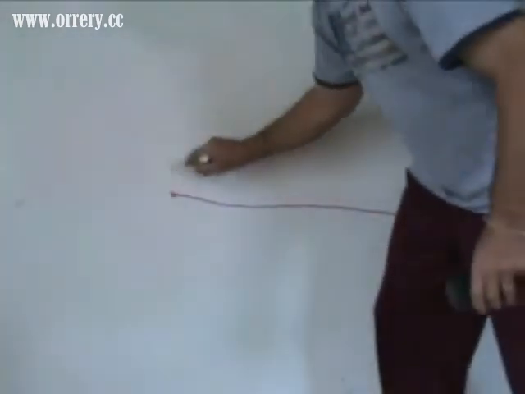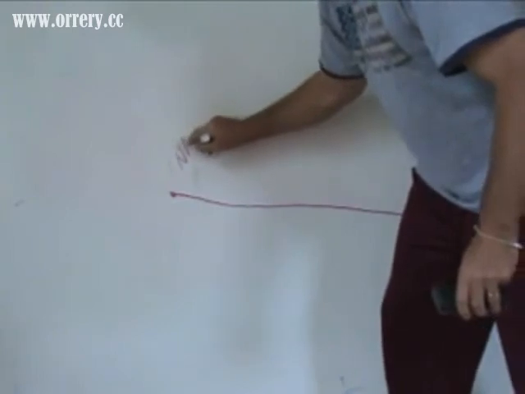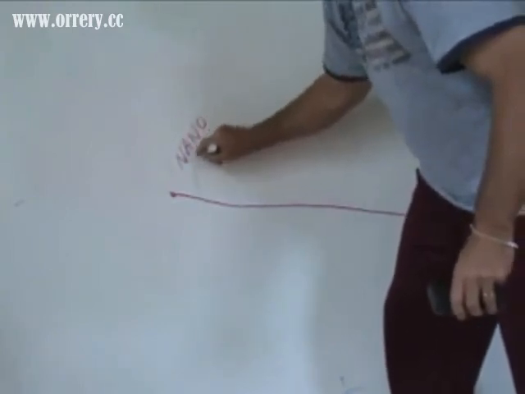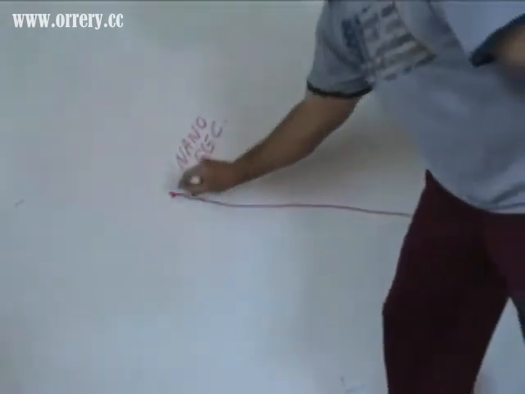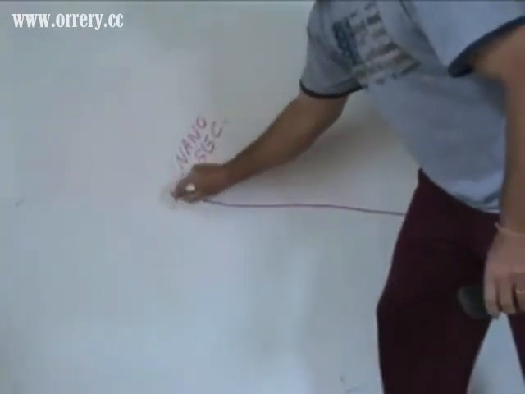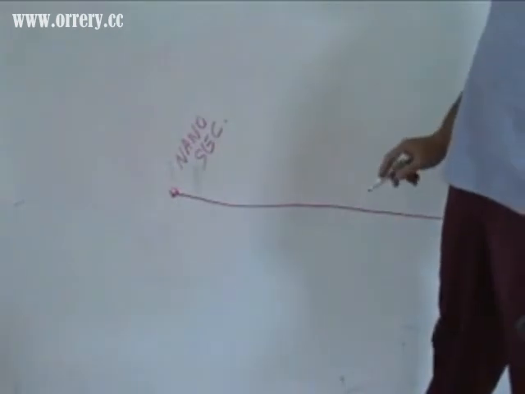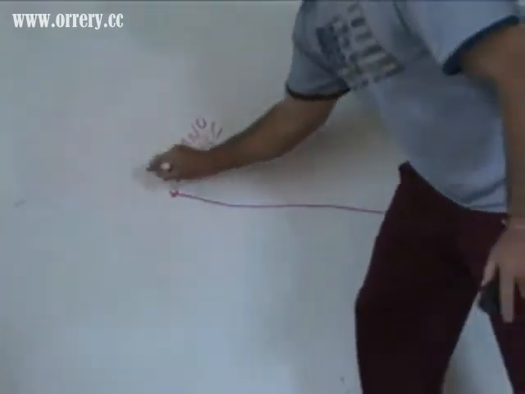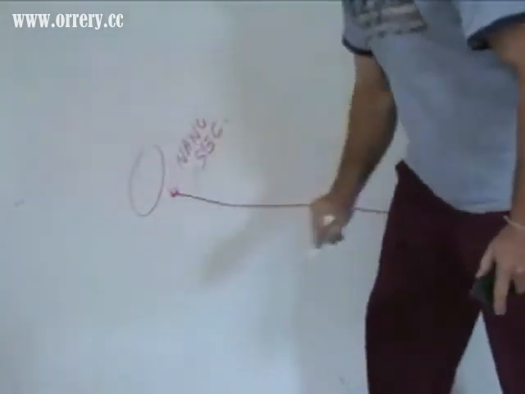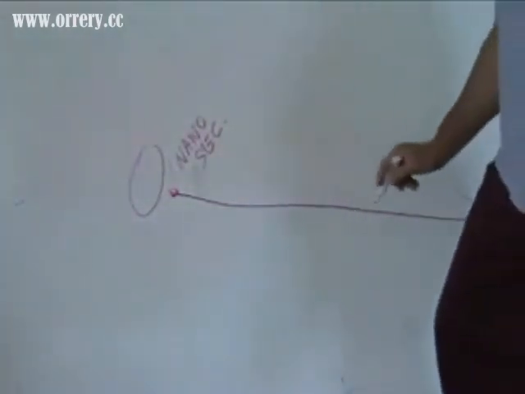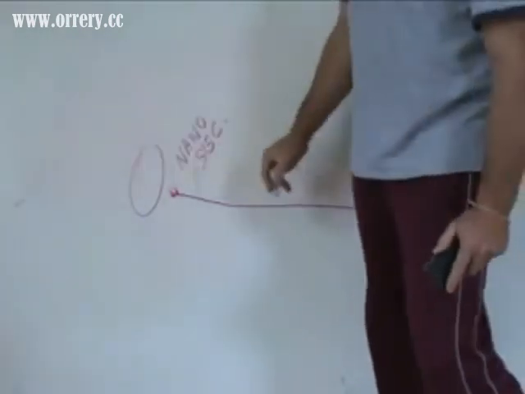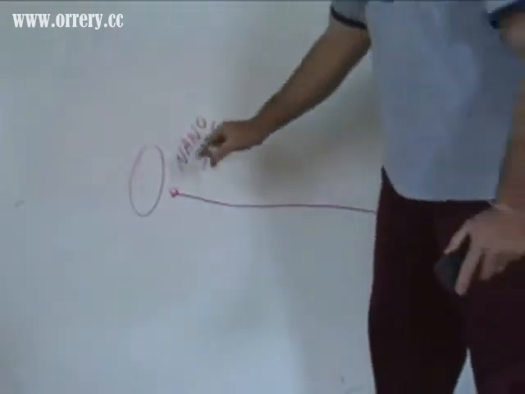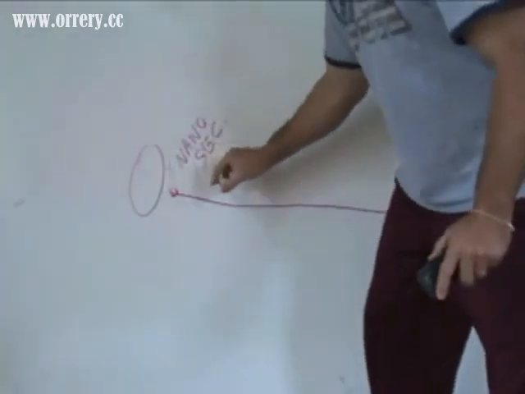Here's your 1 nanosecond. Alright? Right here. Remember that point. What happened before 1 nanosecond? 0. So you cannot have 1 without 0. You cannot have 2.